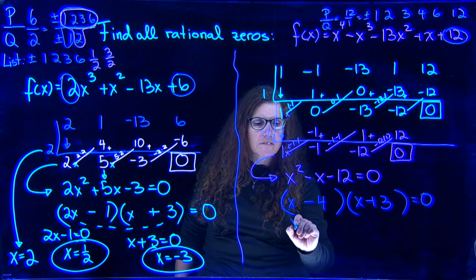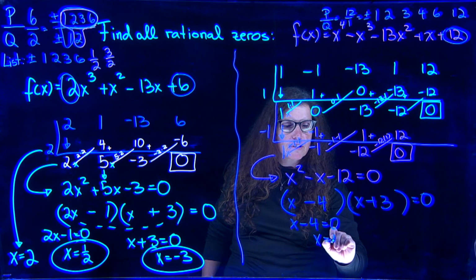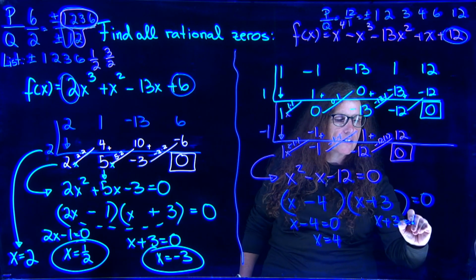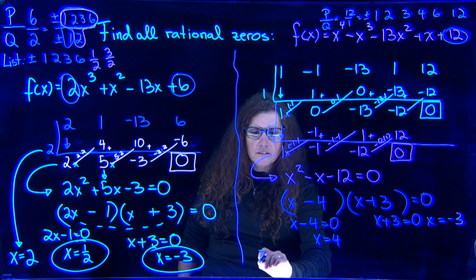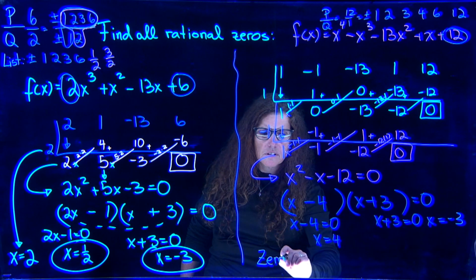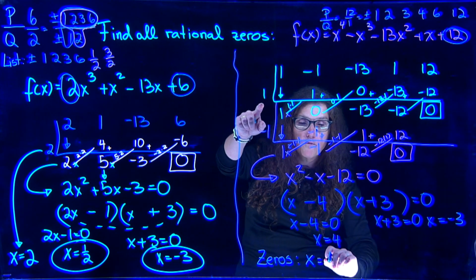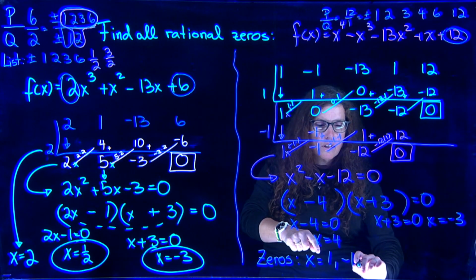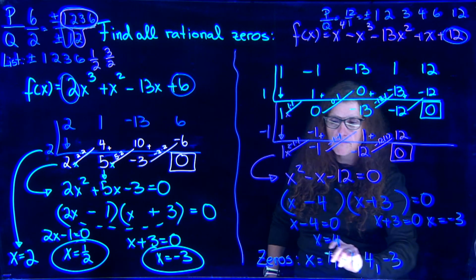Set each factor equal to 0, and you have x equals 4, and on this side we get x equals a negative 3. Now all the zeros are x equals, we started with 1, then we have a negative 1, we have a positive 4, and we have a negative 3.